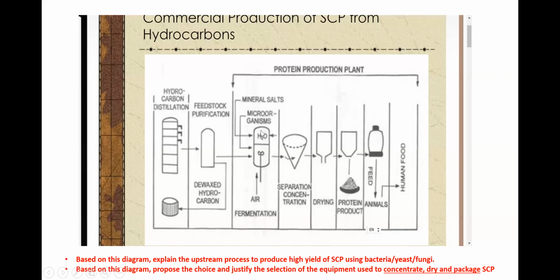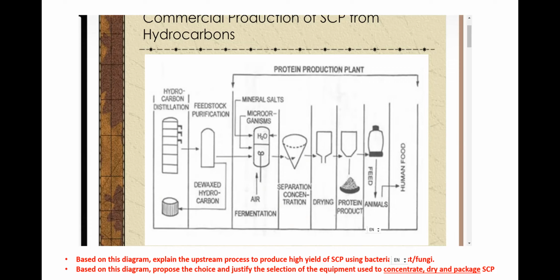So coming back to this diagram that I have shown you just now, the possible questions in the test will be, you will be given this diagram, but you have to elaborate and explain how the upstream processes, when involving a hydrocarbon source as a substrate, and the rest of the processes, fermentation to downstream processing, produce a high yield of SCP using bacterium or fungi.